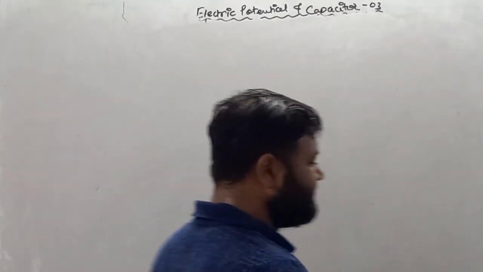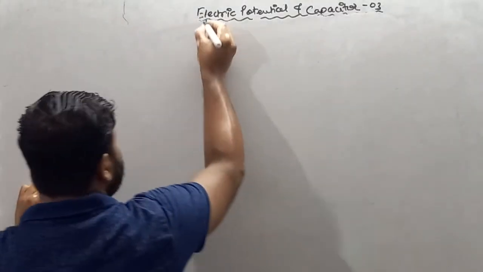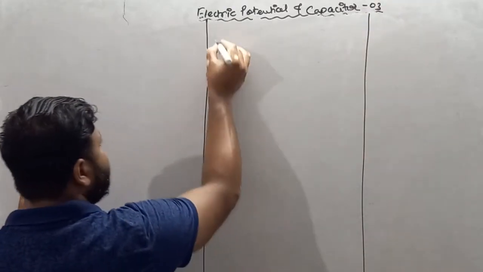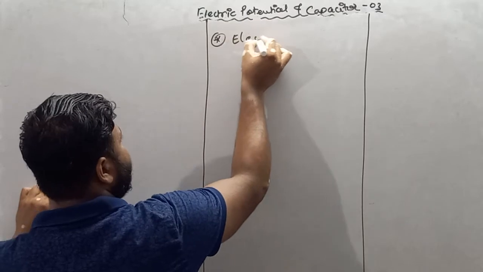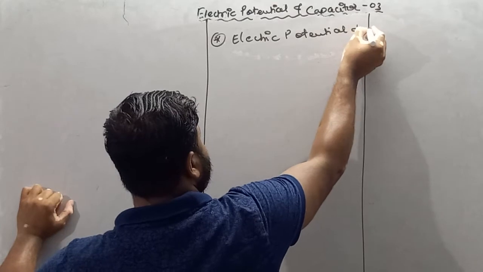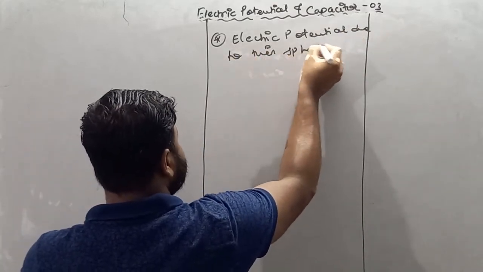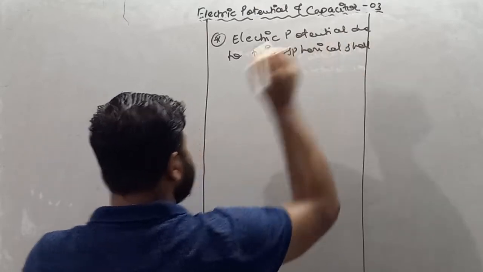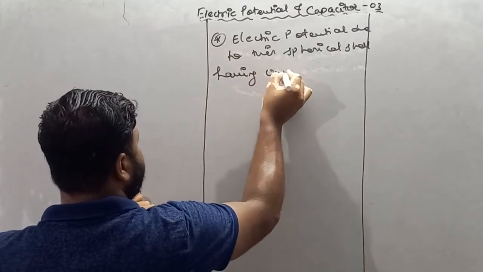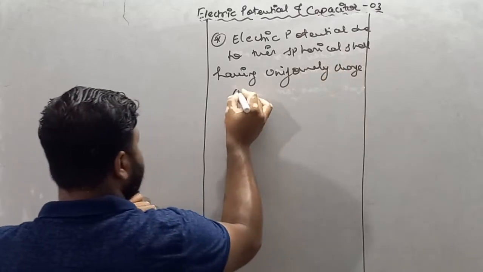See, my dear student, we are now finding the electric potential due to a thin spherical shell having uniformly distributed charge q.